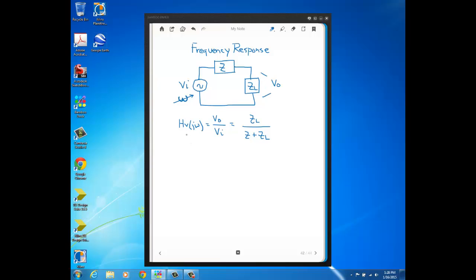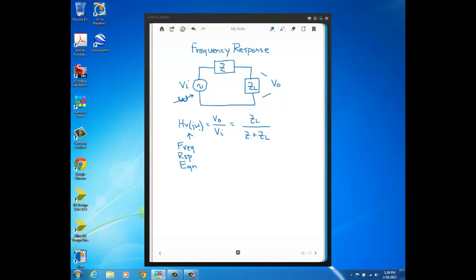Now, there's what we call the frequency response equation, which is symbolized with this H_V of j omega. So this is the frequency response equation. There are various forms of frequency response equations with different quantities in a ratio like this.